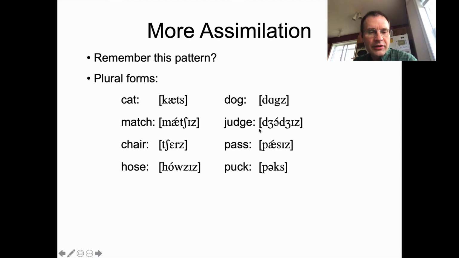So we're making all of these words plural, but we do it in a slightly different way for different forms, right? So for cat, we add an S. For dogs, yeah, we add the Z. For judges, we're adding an is. Passes, we add an is, so on and so forth. Why is it not consistent? Why are we getting different forms?